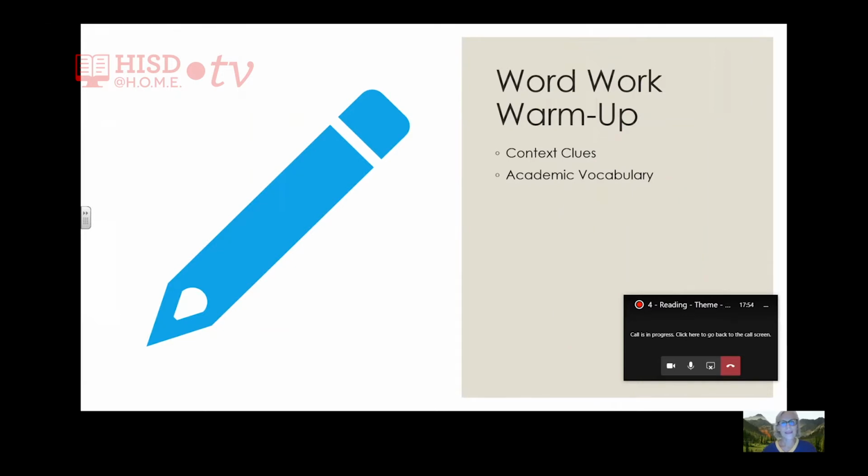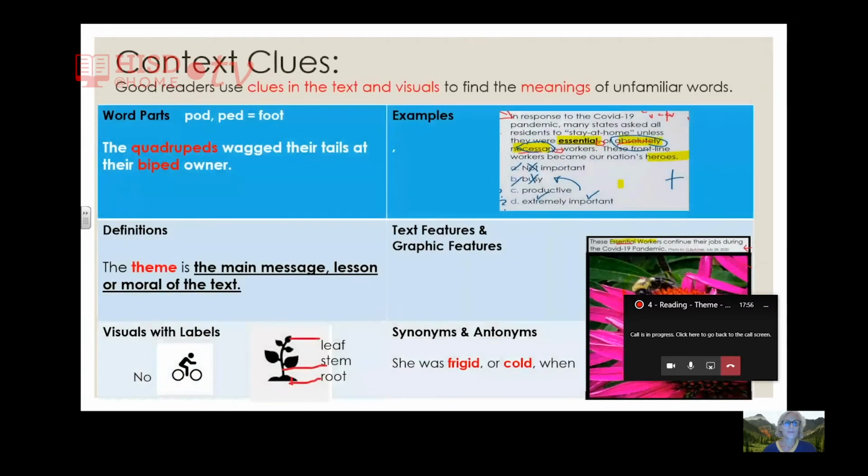Okay, so our word work warm up. Context clues. Just like we've been going over before, we had a couple of the photographs and captions. I just wanted to remind you that good readers use clues in the text and visuals to help find meaning of unfamiliar words. So you can use word parts, like pod, ped equals foot, or a prefix or a suffix.